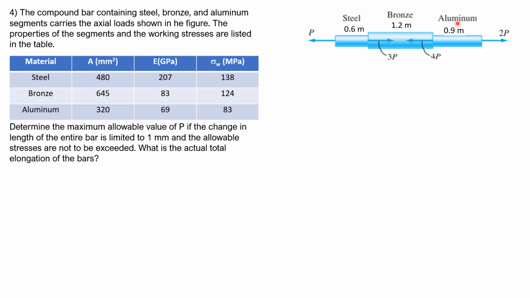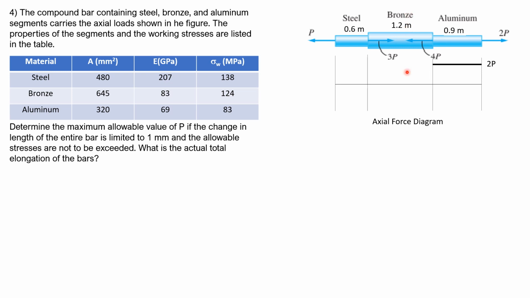If we cut a section in this aluminum segment, then we have a force 2P, so the stress should be to the left, so it should be in tension. So this is the axial force diagram. Beginning with the aluminum bar, it is tension, the load is 2P.